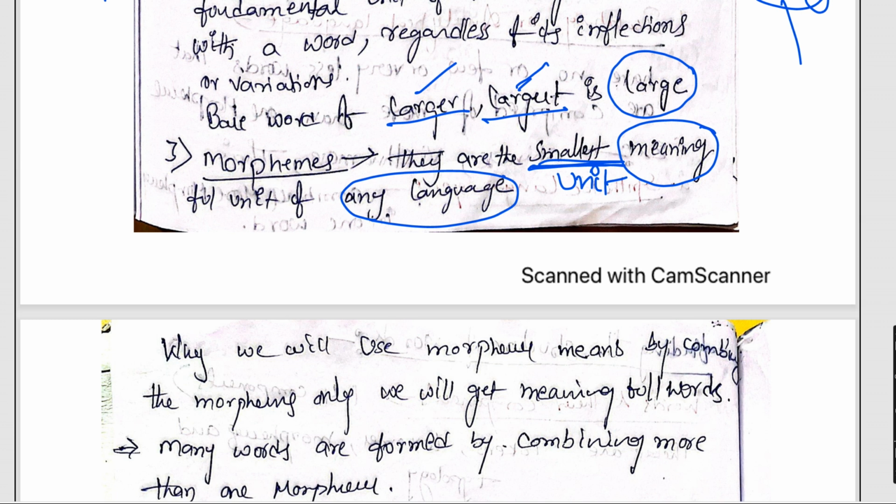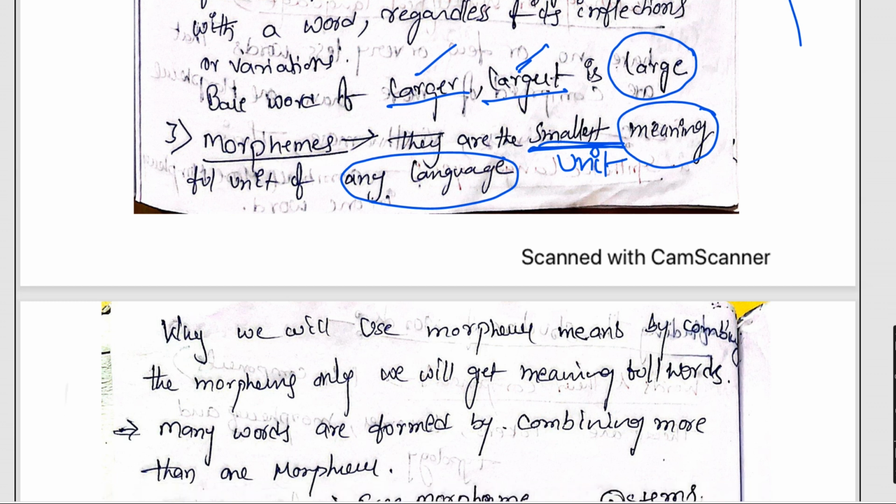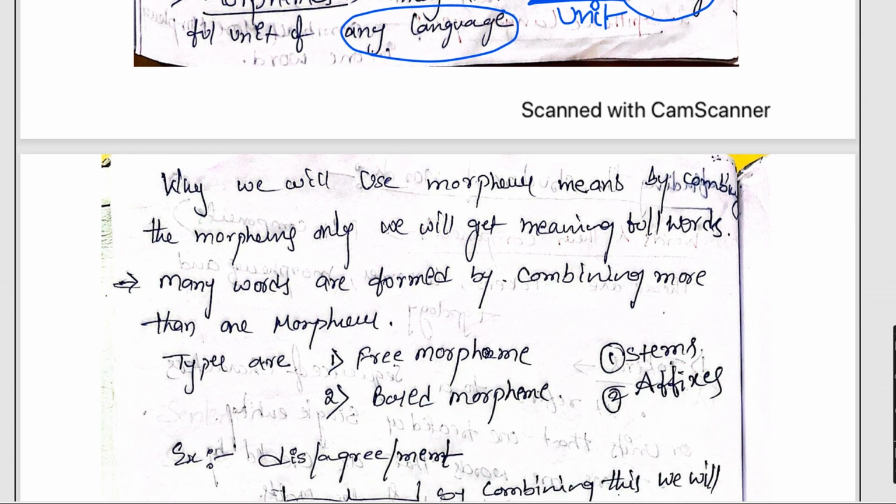So why and how do we use morphemes here? By combining multiple morphemes we get meaningful words. Many words can be formed by combining more than one morpheme.